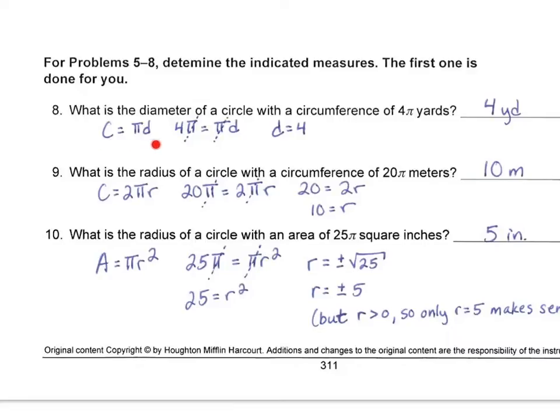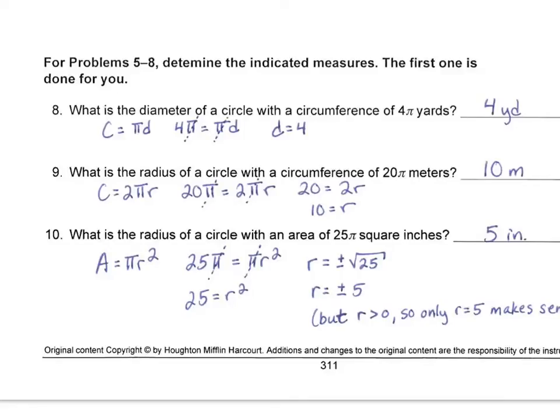So notice I'm starting with the equation that relates the two variables that they gave me, which was diameter and circumference. I'm substituting the value 4 pi for the circumference, and then notice what happens with my pi's is that they cancel out on both sides of that equation, which is really nice. So my diameter is just 4, or 4 yards.